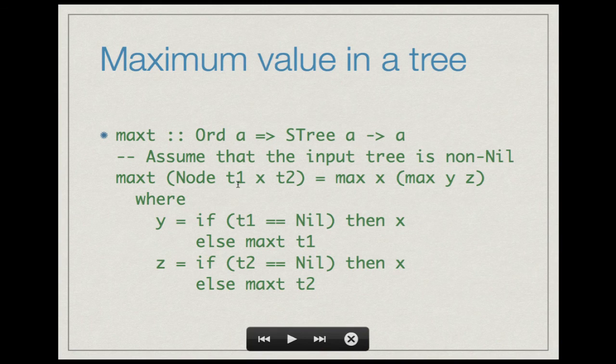But T1 could be empty. Therefore, the definition of y is slightly more complicated. y is defined to be just x in case T1 is Nil. Otherwise, it's defined to be maxT of T1 recursively. And z is defined to be just x in case T2 is Nil. Otherwise, it's defined to be maxT of T2.